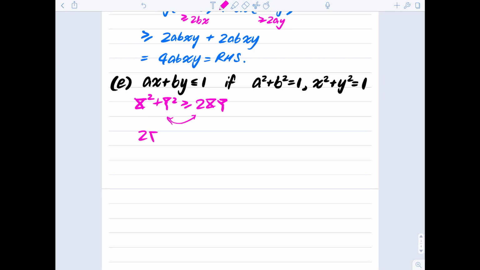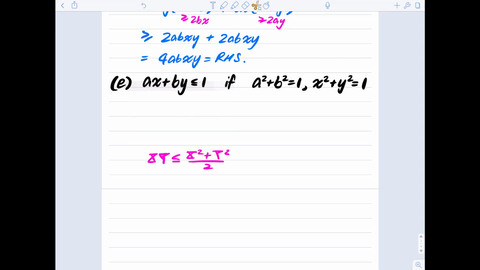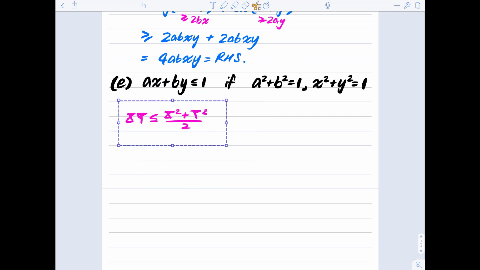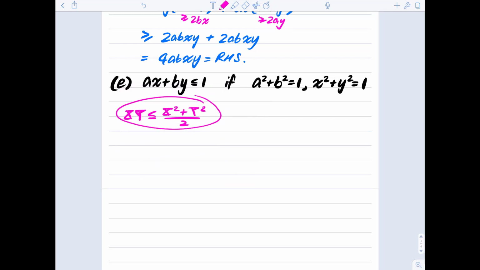So we are going to use the theorem 2xy smaller or equal to x squared plus y squared instead. Or in this case, there's no 2, so let's make it look easy. xy is smaller than x squared plus y squared on 2. I'm going to use this, and hopefully it's going to come up with the answer really quickly, especially given these square things cancel out very nicely.